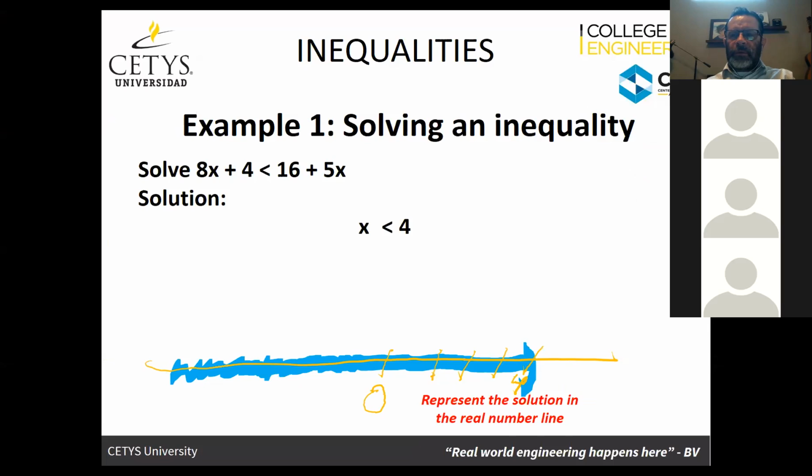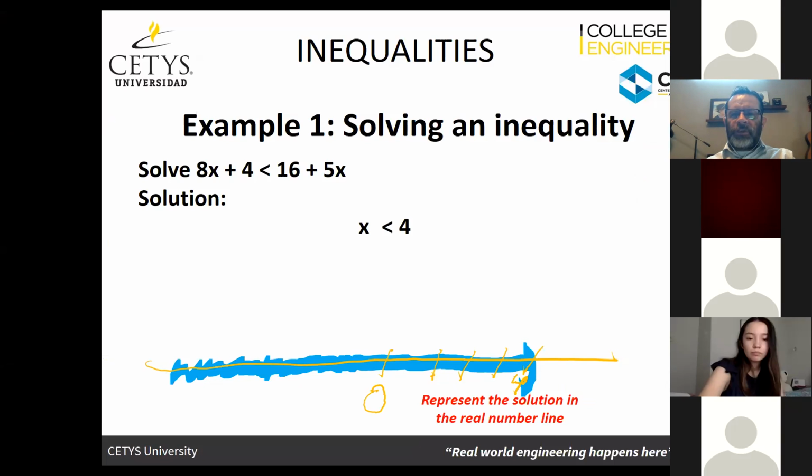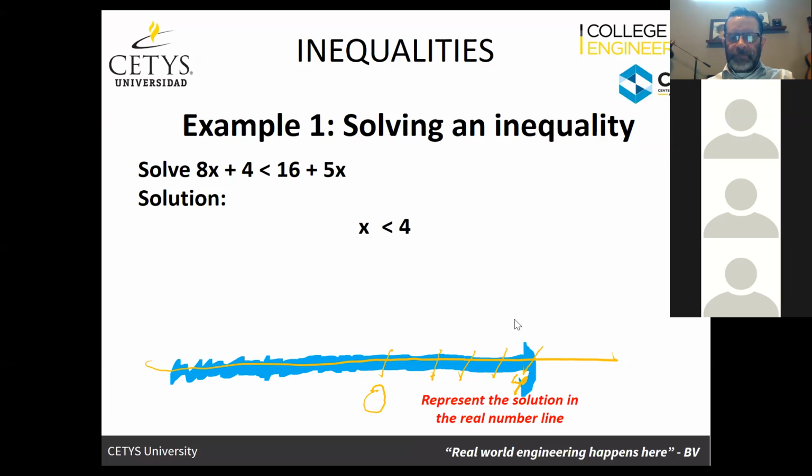Okay. Can you see this? Can everybody see the screen there? Just give me a reaction there, please. You should be seeing the inequalities screen. There we go. Okay. Huh. It's the only session I decide to record and this happens. Just give me a moment.